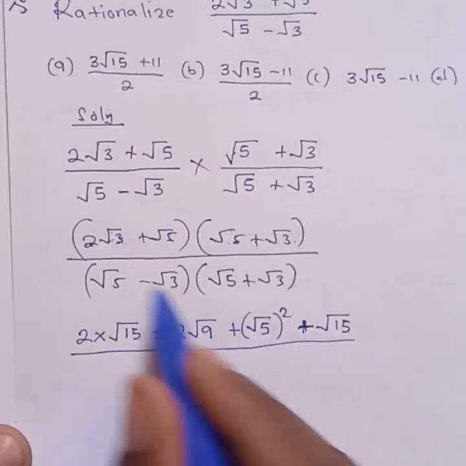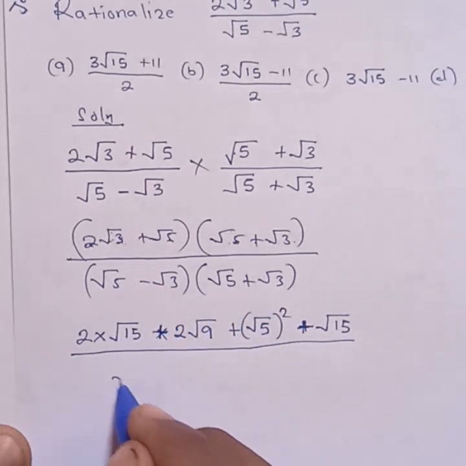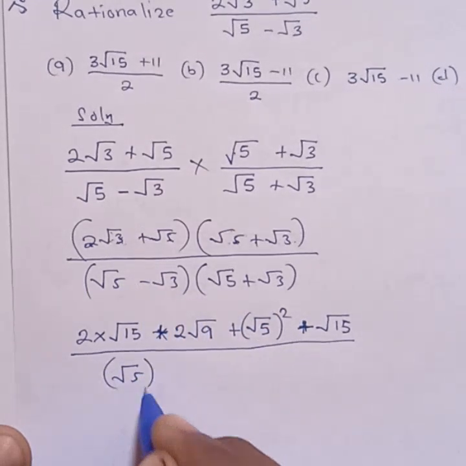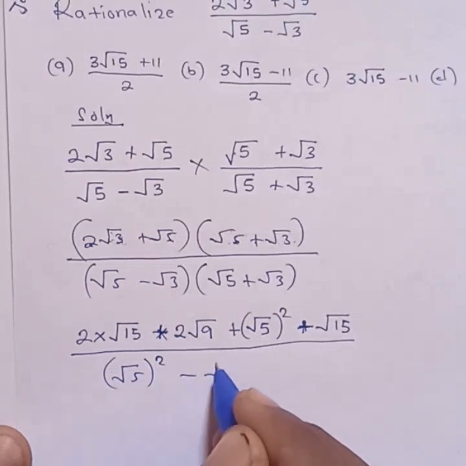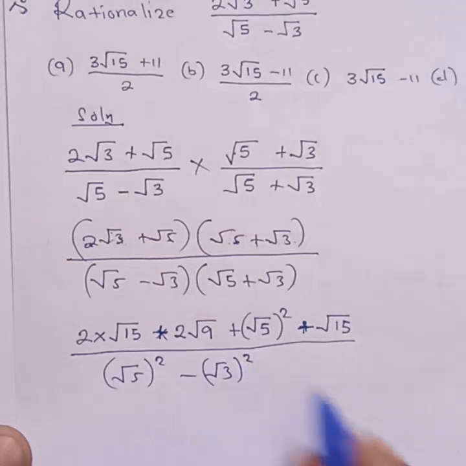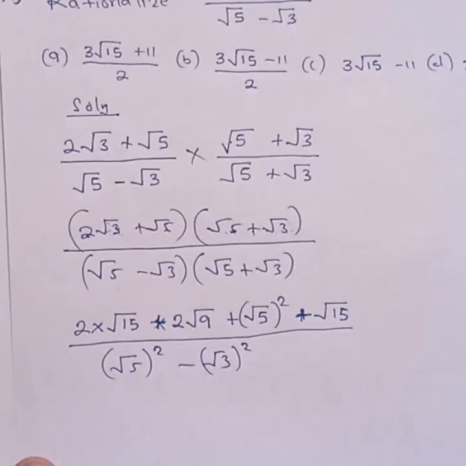All over, remember this is difference of two squares, so we are going to have root 5 all square minus root 3 square. So now we can have something of this nature.